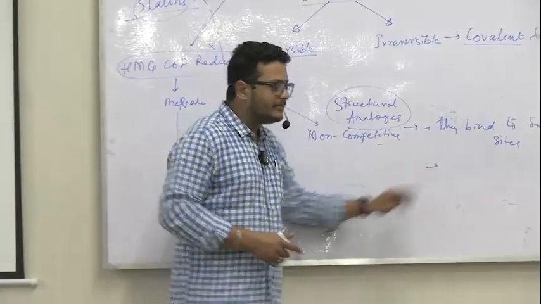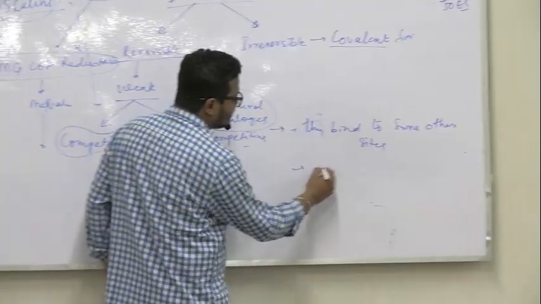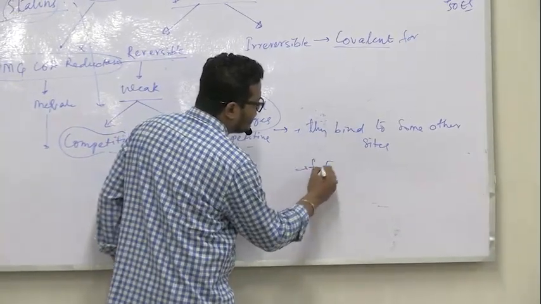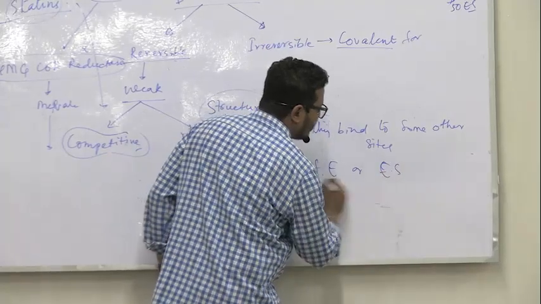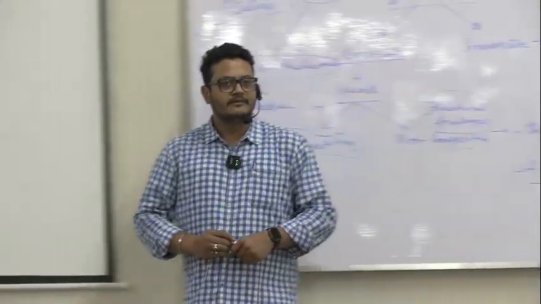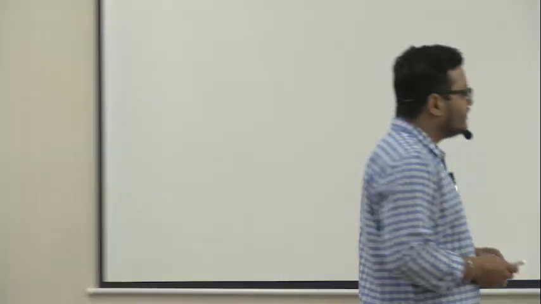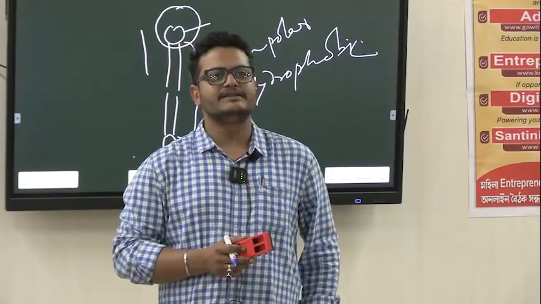In non-competitive inhibition, the inhibitor can bind to the free enzyme or the enzyme substrate complex as well, because the inhibitor is not going to bind to the active site. It is still there. So the inhibitor is going to bind to another site apart from the active site.